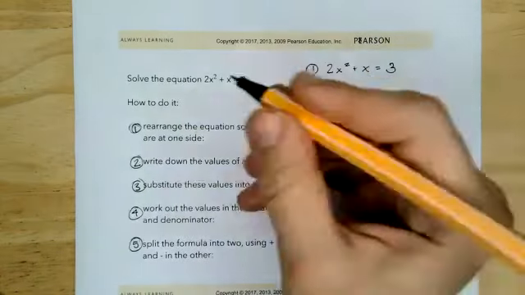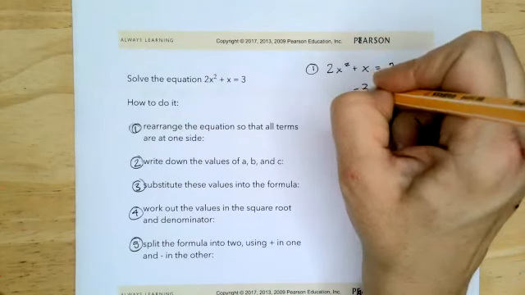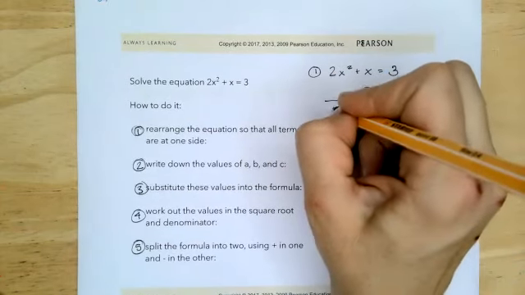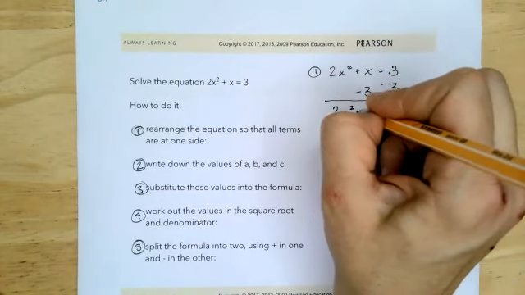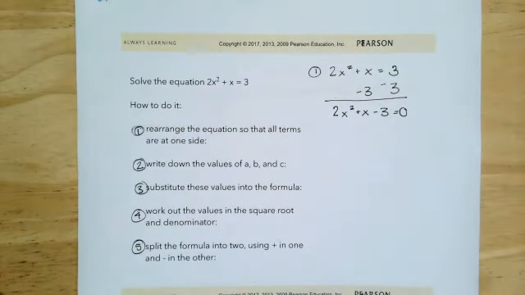We already did it once on the first slide. So we're just going to subtract 3. What we get is 2x squared plus x minus 3 equals 0. Good. All terms are on the left. It doesn't matter if it's the left or the right, okay?